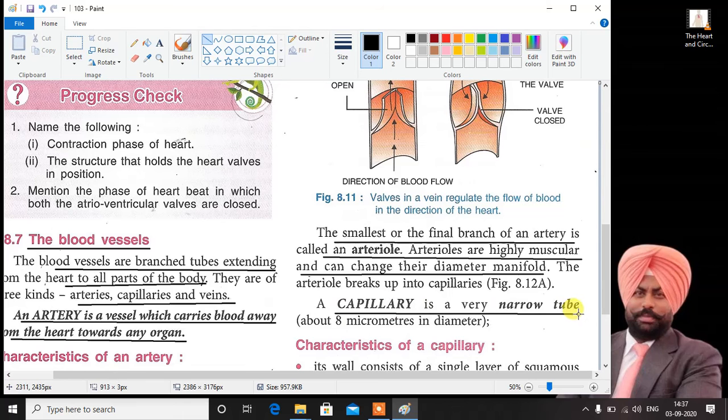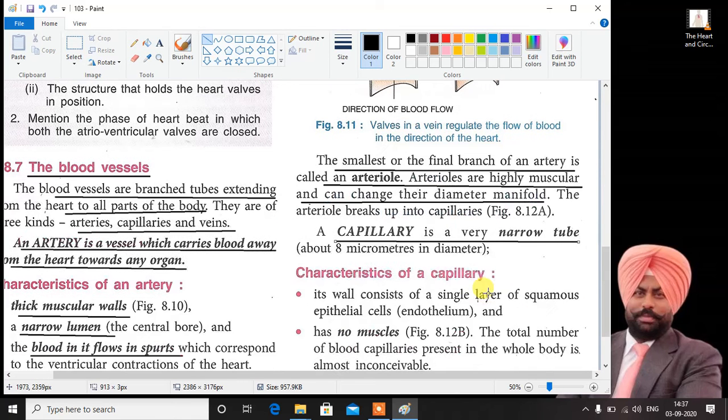These capillaries are very narrow tubes with a diameter of about 8 micrometers. The characteristic of the capillaries is that they are made up of a very thin single layer of squamous epithelium cells, also known as endothelium cells.